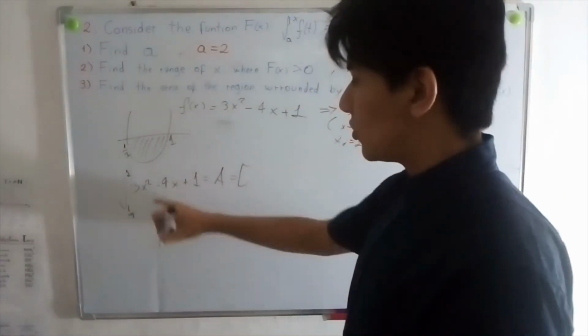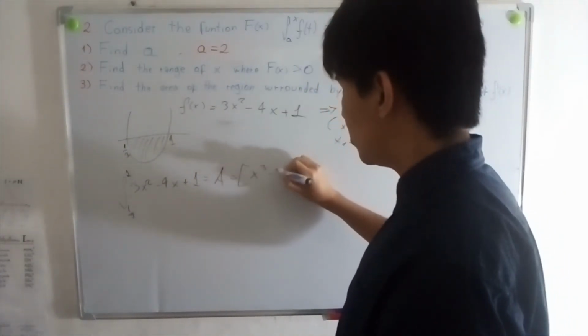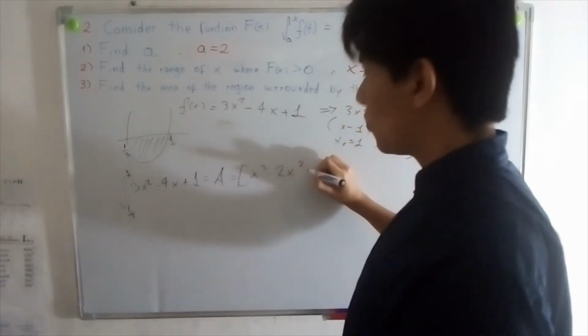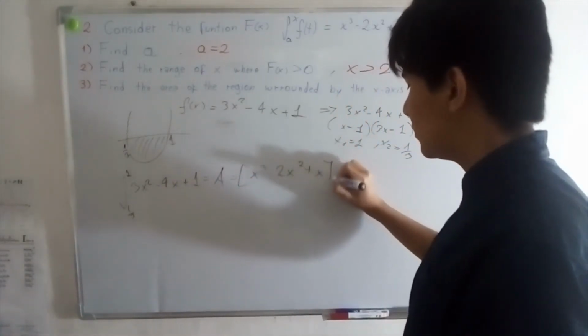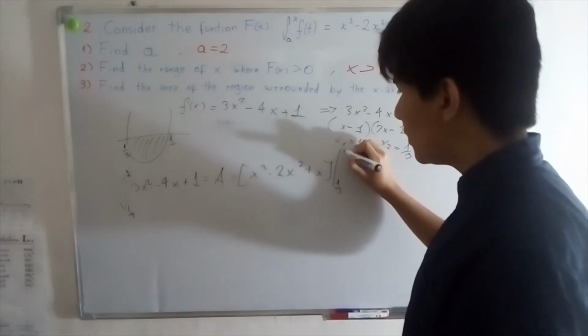The integral of this expression is x cubed minus 2x squared plus x, from 1 divided by 3 to 1.